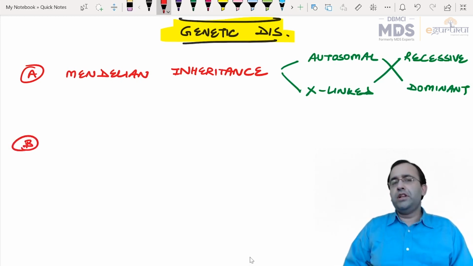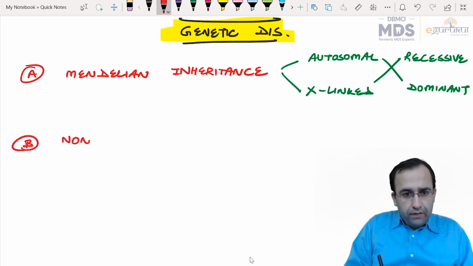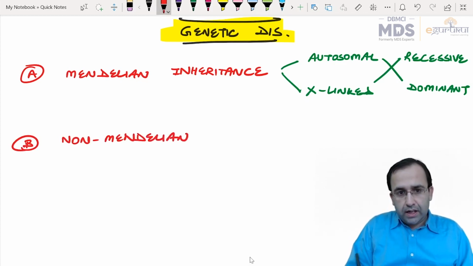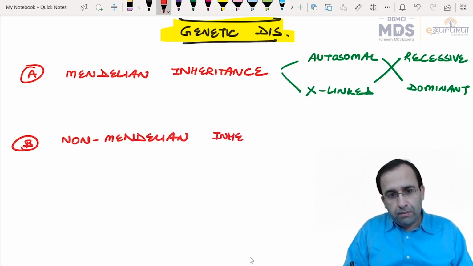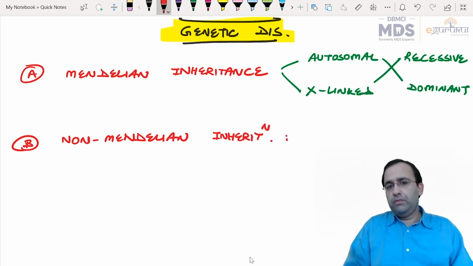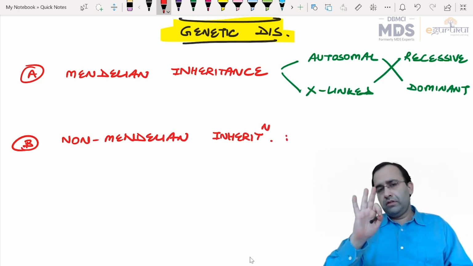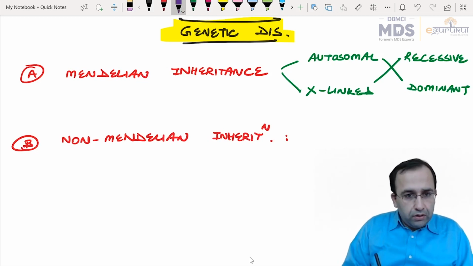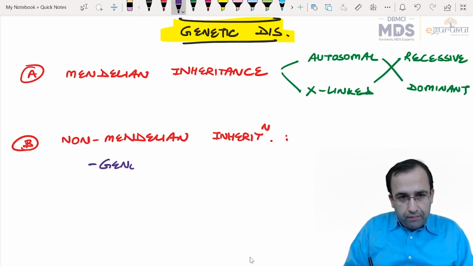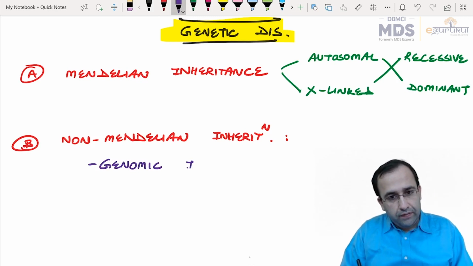Next category of genetic diseases is non-Mendelian inheritance, which is of three main types. Non-Mendelian inheritance तीन टाइप का है.